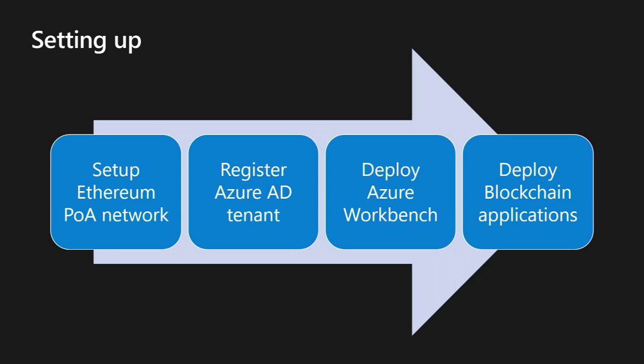Now, a proof of authority network is a little bit different than a common Ethereum network, which is currently running on a proof of work algorithm, because proof of authority is an alternative consensus algorithm. The mining nodes, the nodes that are doing the validation of the transactions and adding blocks to the blockchain, are effectively called validators.